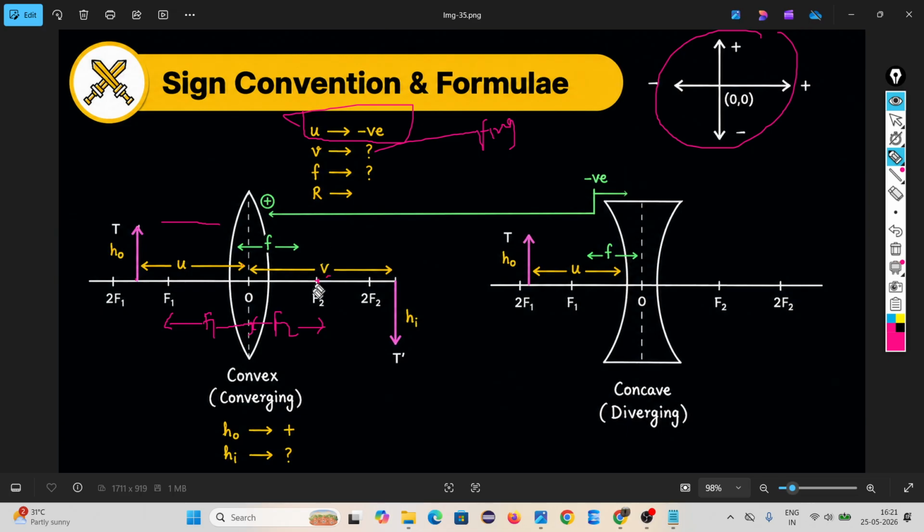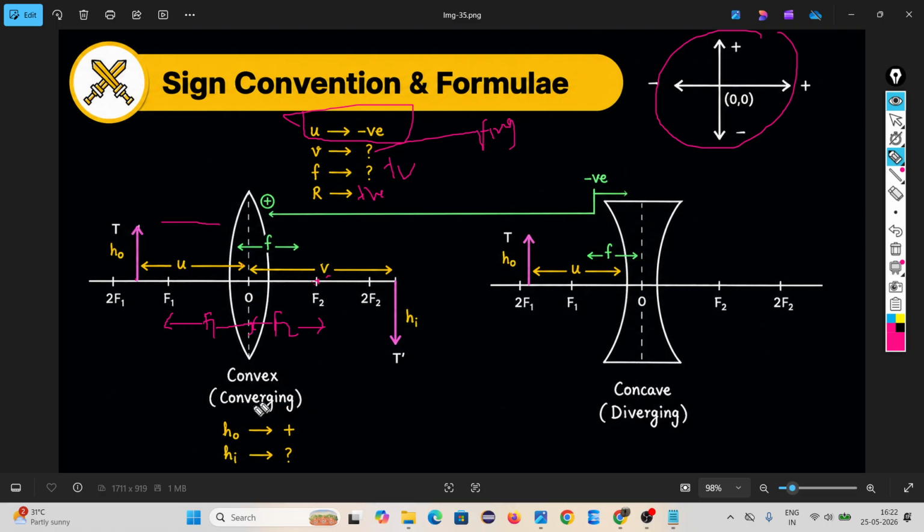So the right hand side means positive. Focal length is positive in convex and negative in concave. Radius of curvature is the same, positive for a convex and negative for a concave.